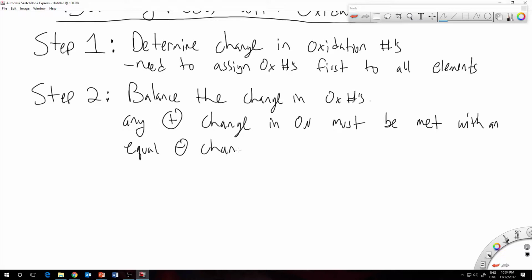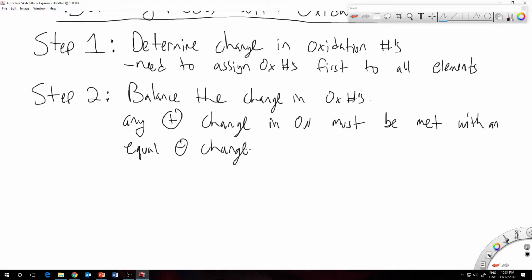So if something gains a charge of +2, there must be a total net change of -2 from something else. Now, in a lot of cases, something's oxidation number is changing by +3 in one case, and in another case, it might be changing by only -1 or -2 or -4.